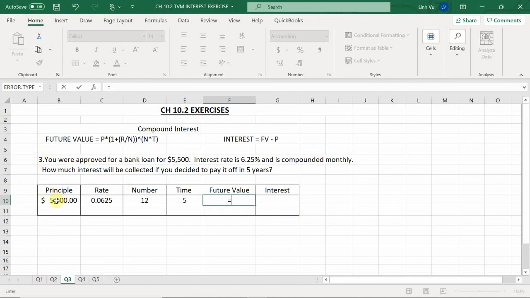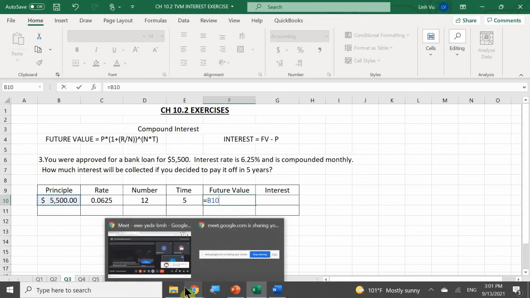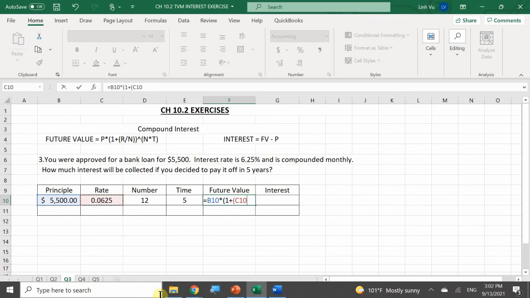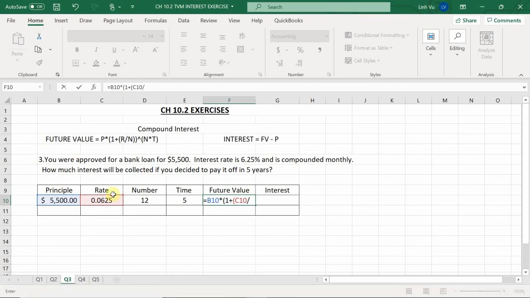I'm going to multiply it, then add my first parentheses, 1 plus another parentheses, my R of 6.25%, divided by the number of times compounded, which is your 12.